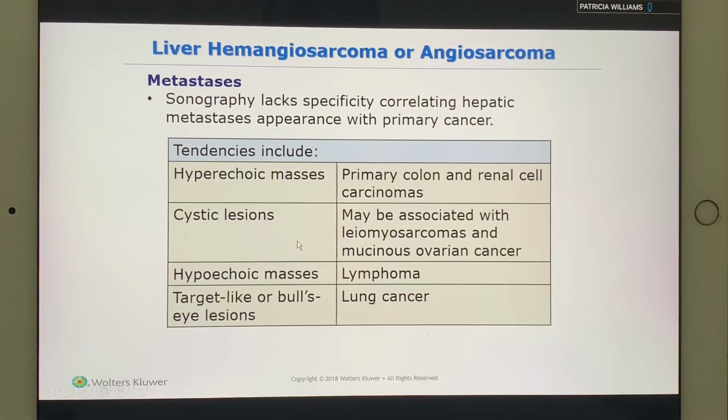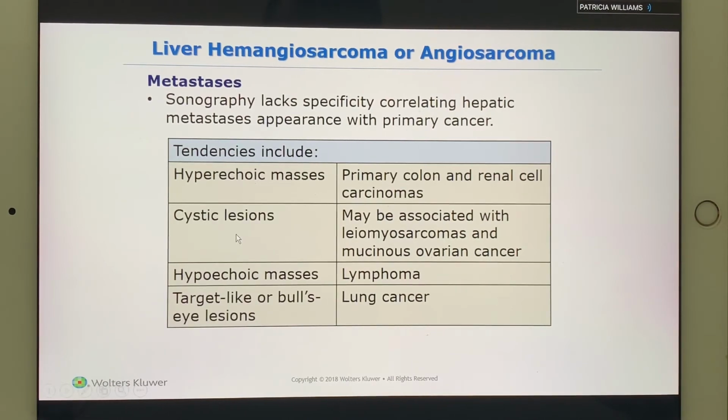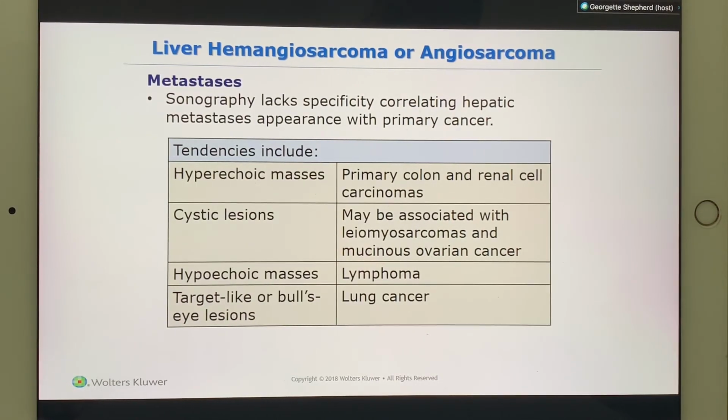If we find a hyperechoic lesion, the primary came from the colon or renal cell carcinoma. If it mostly looks cystic, it comes from leiomyosarcomas or mucinous ovarian cancer. If it's hypoechoic, it usually comes from lymphoma. And if it's a bullseye, it usually comes from lung cancer.